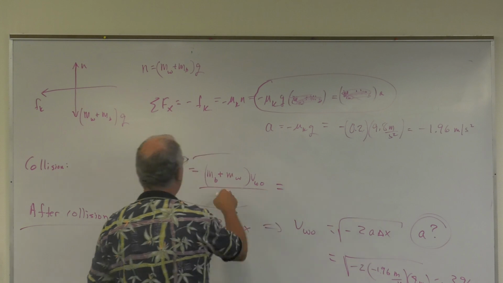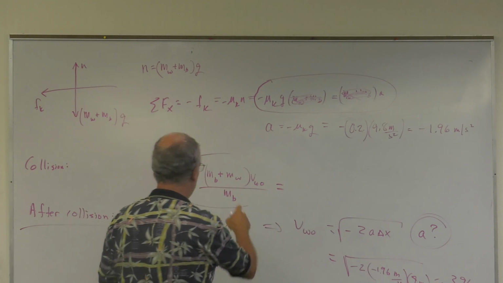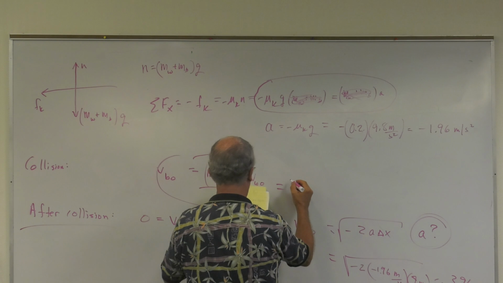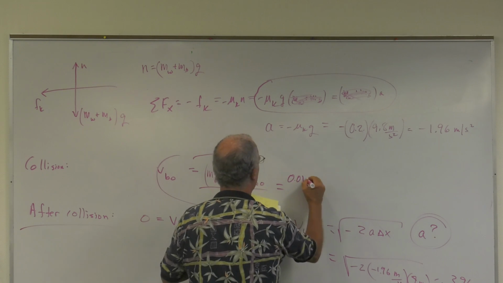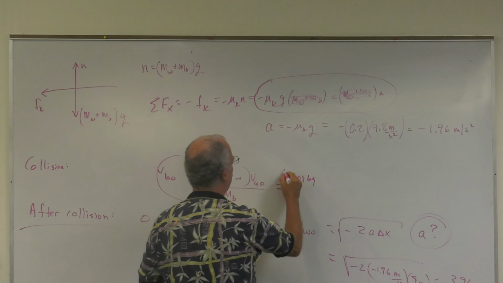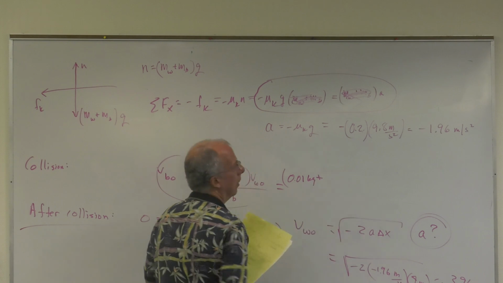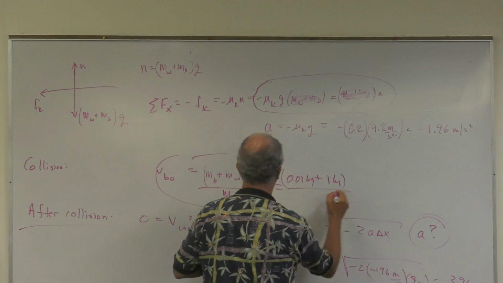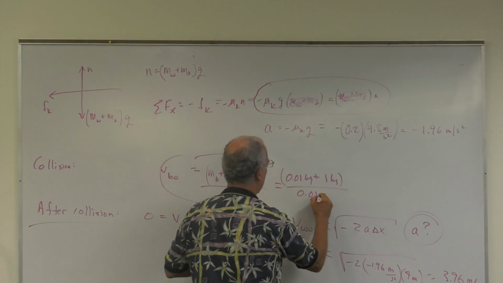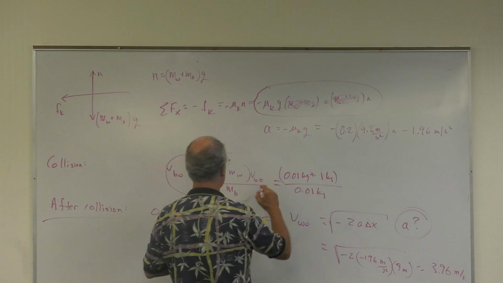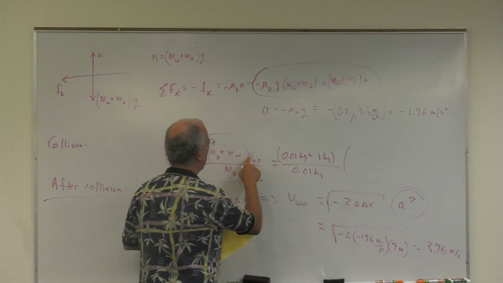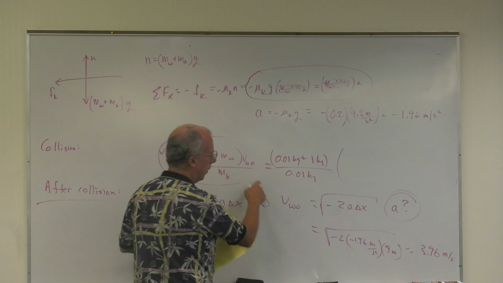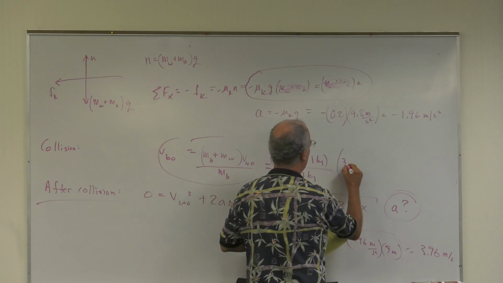So this equals mass block plus mass bullet. The mass of the bullet is 0.01 kilograms, that's a gram, plus the mass of the wood, which makes 1 kilogram, divided by the mass of the bullet, times velocity of the wood, which is what we just calculated.